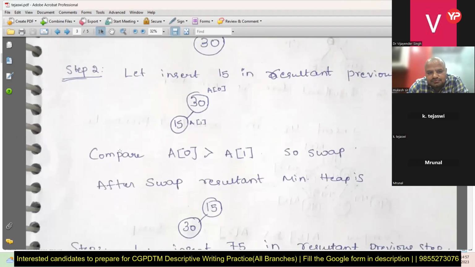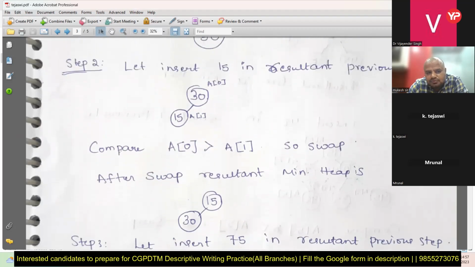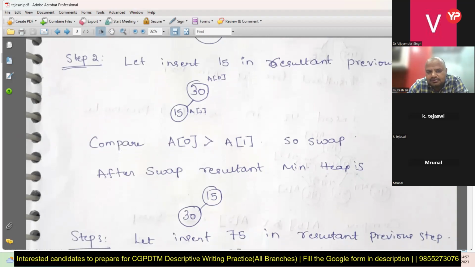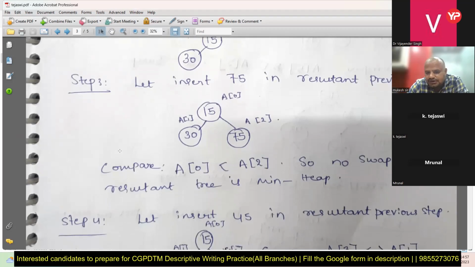So swap. See, after step two, at the end, you have to mention the array representation of these two elements. Fine? In the box, it means, yes, in an array. Again, in step three also, you are doing comparison, and if swap required, you are mentioning all those information.